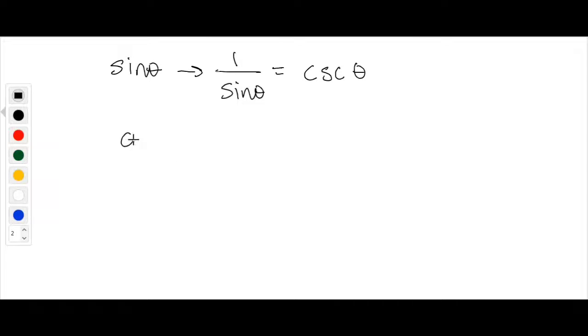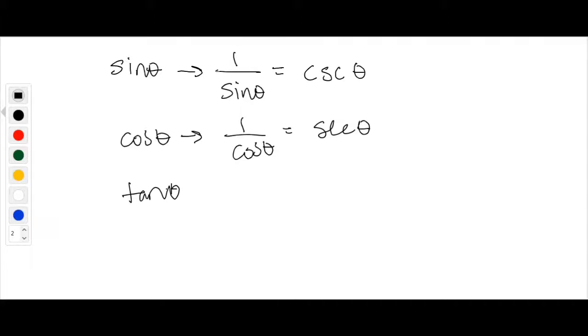Now, we also have cosine. 1 over cosine of theta is secant. And 1 over tangent of theta equals cotangent theta.